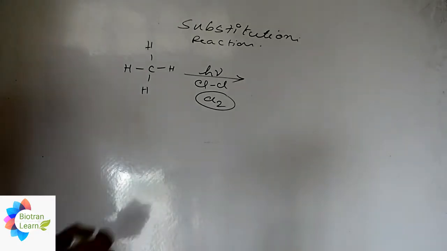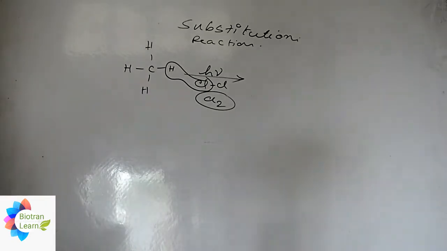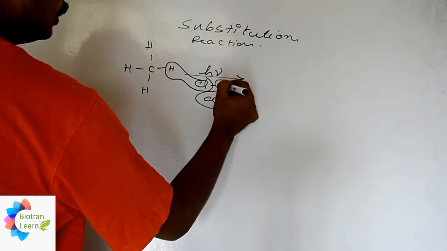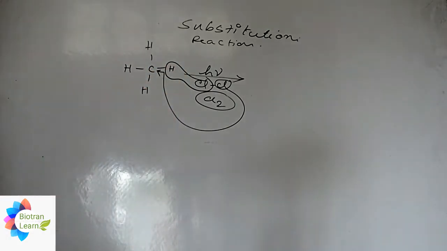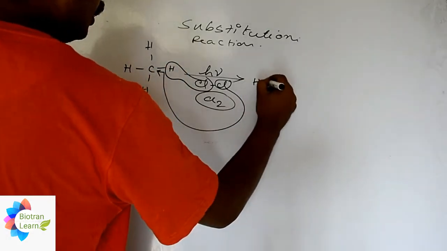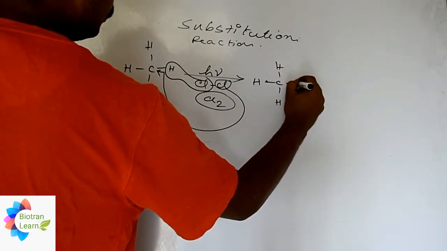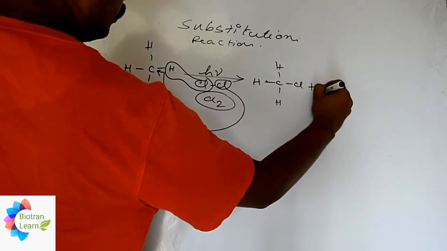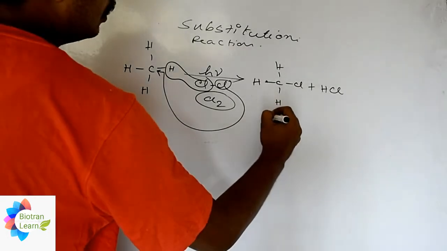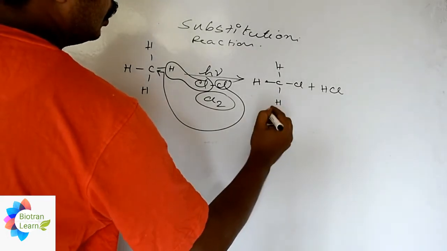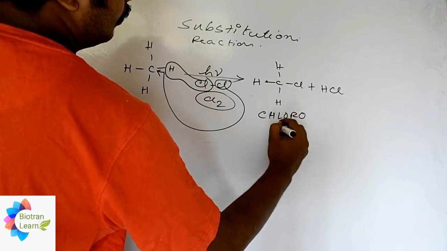What would happen? A particular chlorine would form HCl, and this section will come to this one, right? Then what will happen? It will form plus HCl. So we are having a chloromethane in here, right?